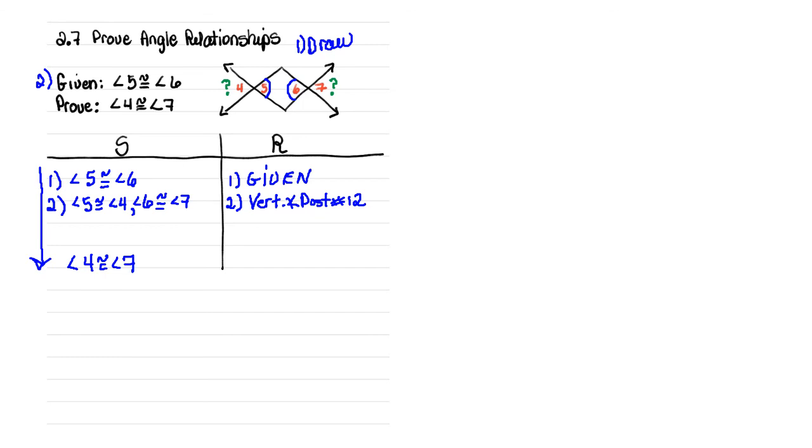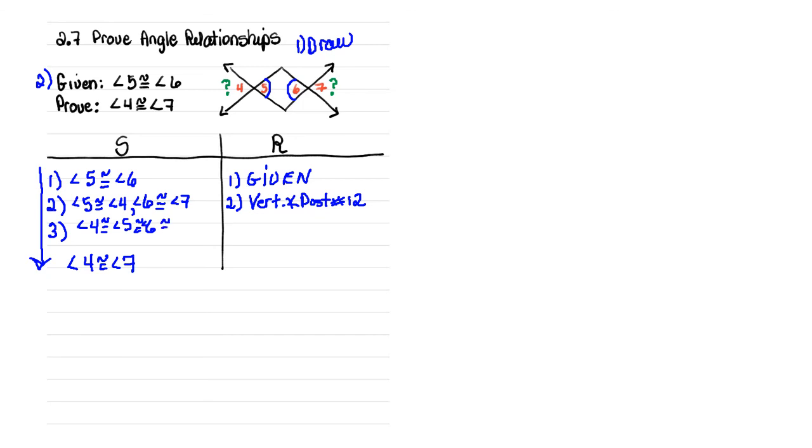Very good. Okay. Well, that's going to leave us at, let's see, angle 4 is congruent to angle 5 is congruent to angle 6. Forgot my little angle there.